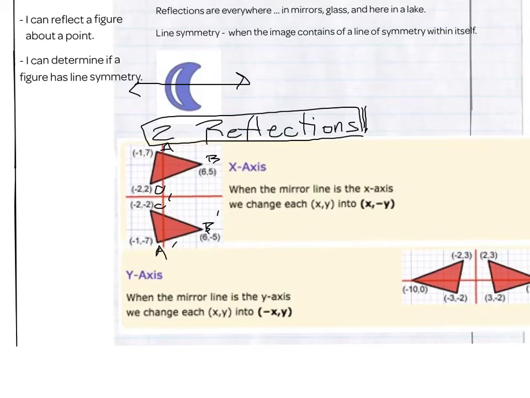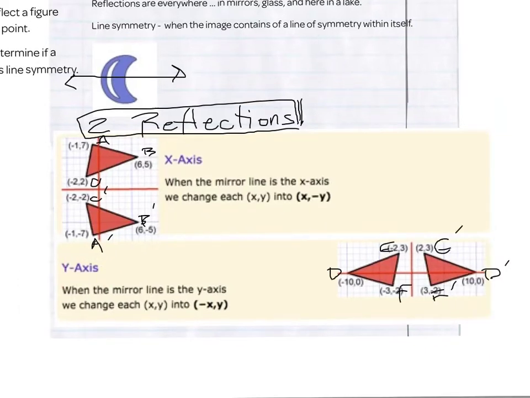So let's think about what would happen if we had a reflection now over the y-axis. Again, beginning with DEF, this triangle here, and now reflecting it about the y-axis, we can see that it reflects right over so that D correlates to D prime, F to F prime, and E to E prime.